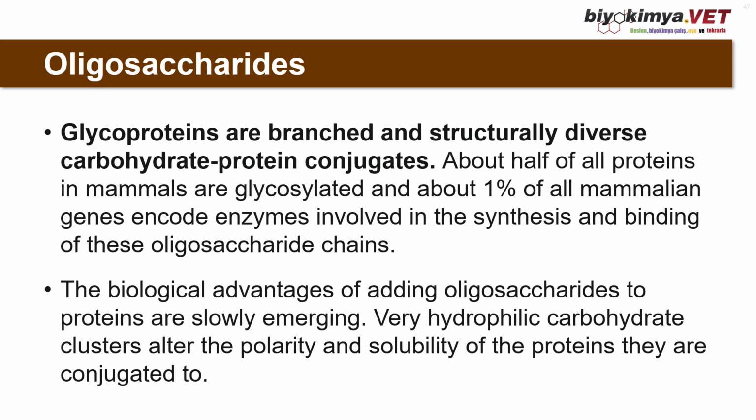Very hydrophilic carbohydrate clusters alter the polarity and solubility of the proteins they are conjugated to. Oligosaccharide chains bound to newly synthesized proteins in the endoplasmic reticulum and elaborated in the Golgi complex serve as target tags and also play a role in protein quality control, targeting misfolded proteins for degradation.